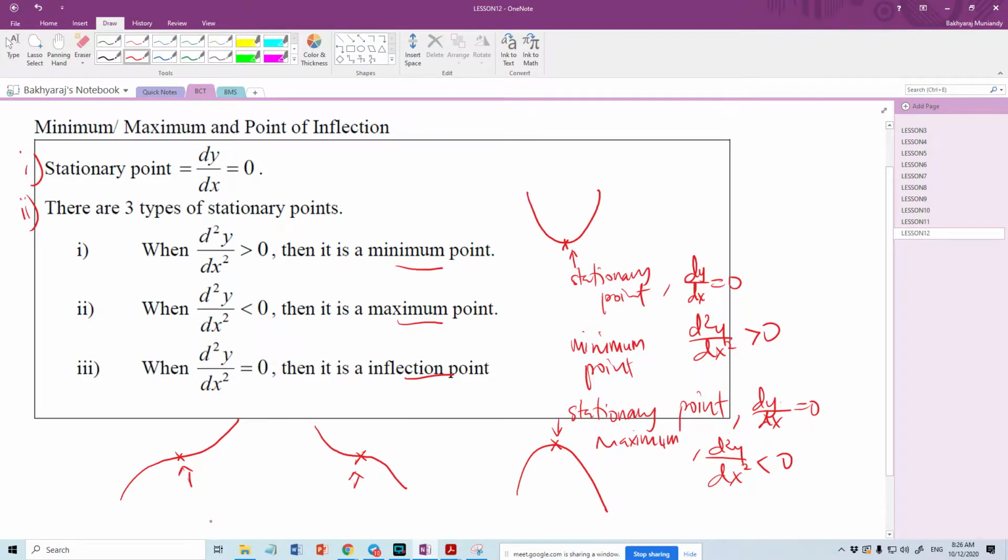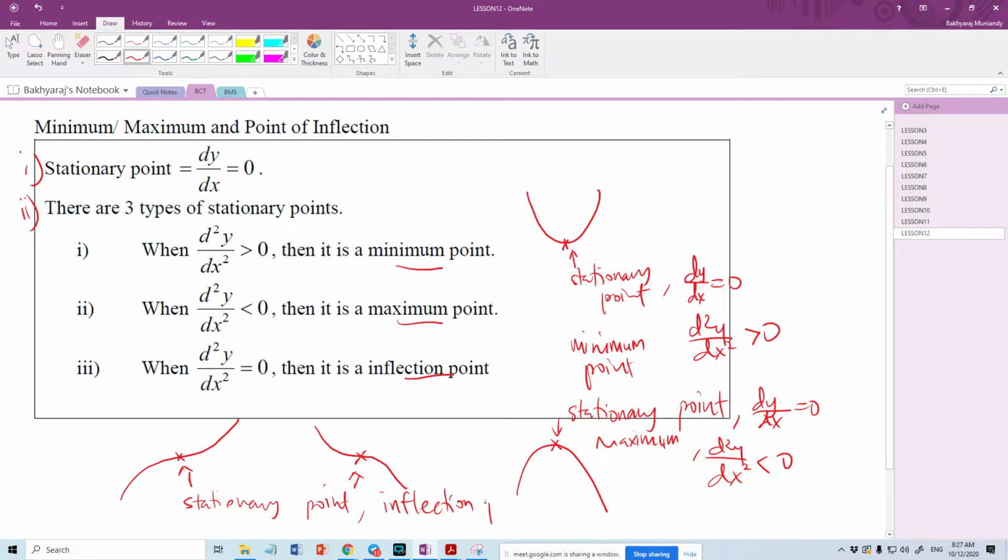Tapi sebelum tu dia in stationary point, but there's a special condition. Yang ini dia tak ada change gradient, tapi dia just change direction. So when it changes direction, we call this a point of inflection. So stationary point, and the special name will be inflection point.